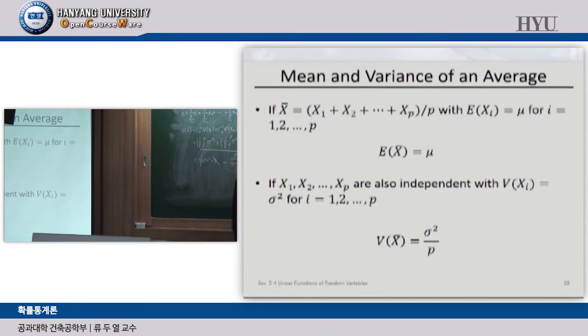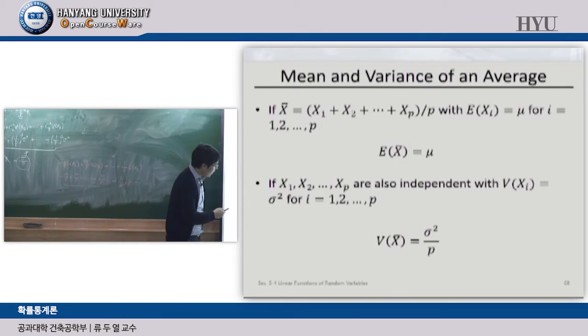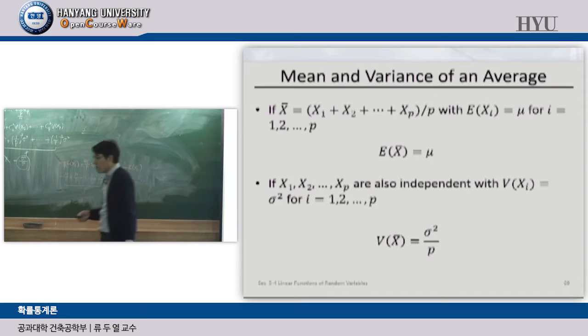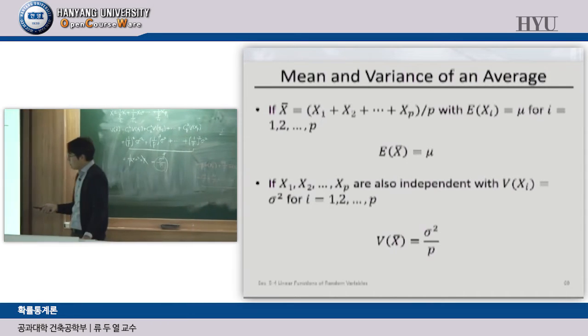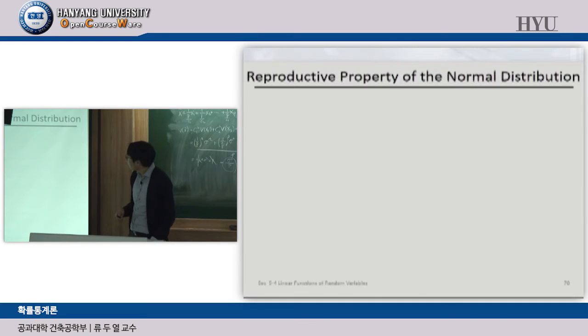So if x1, x2, up to xp are also independent, the variance of the average of x is equal to sigma square over p. So we can simply use these two terms for the calculation of the average value.